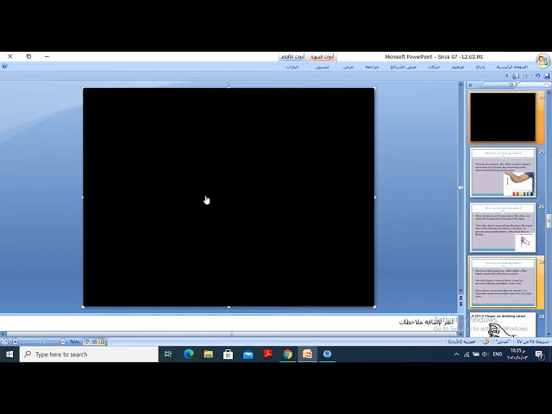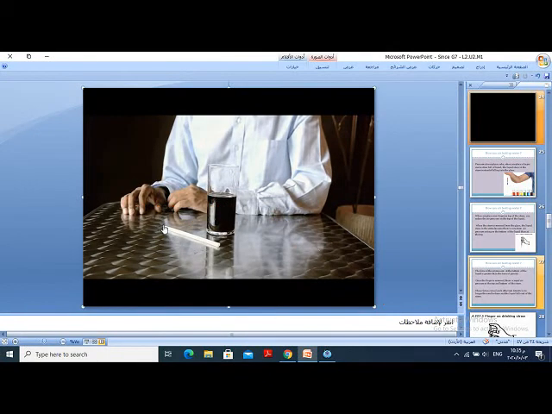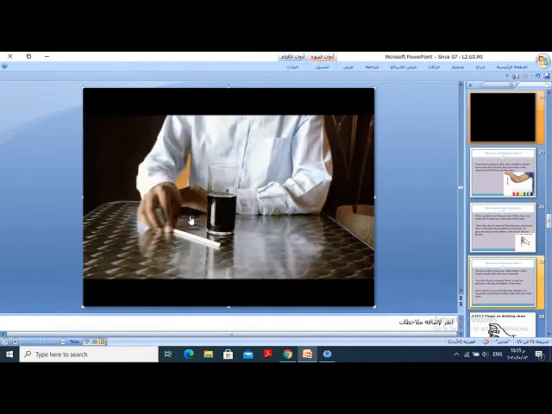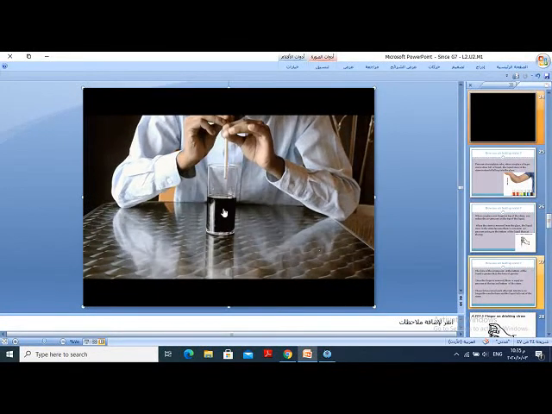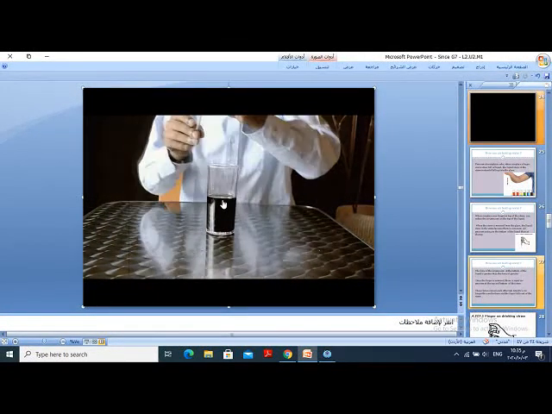So we have another experiment here. I hope this experiment will work, I don't know. Look here at this experiment. We have this straw and this cup. What happened here?